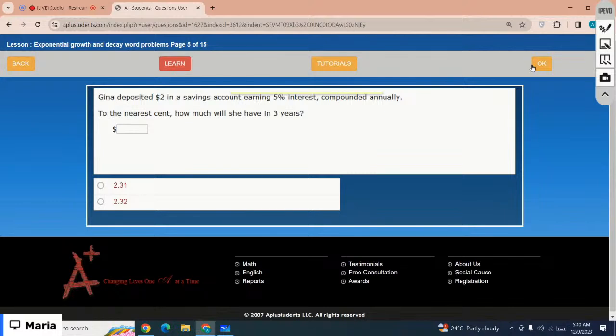That is 2.32. You have to use the same formula and you need to do the same calculations we did earlier, right? Yes, that is 2.32, right?